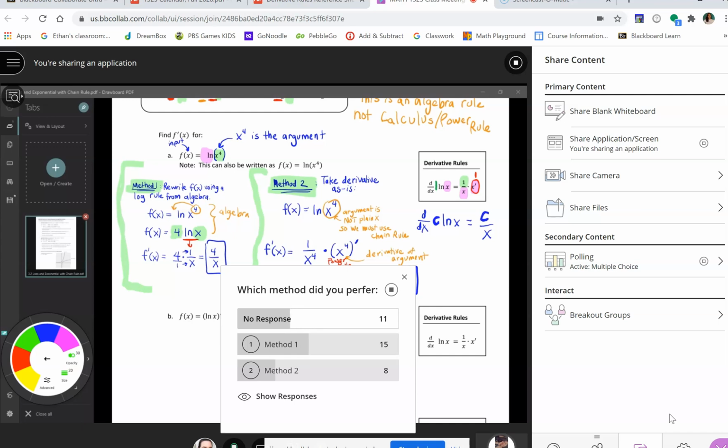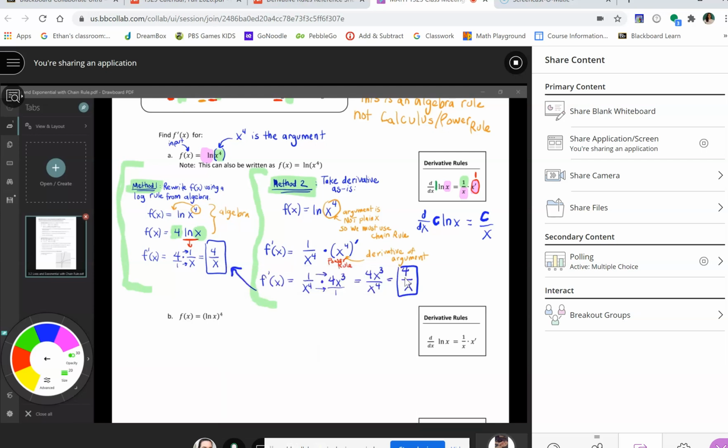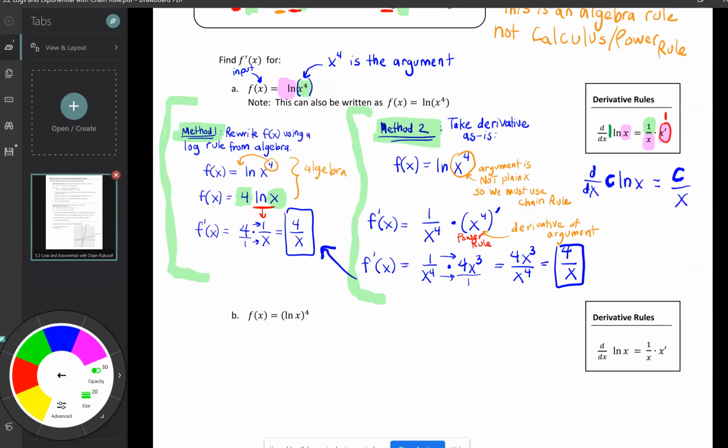Okay, method 1 is winning out. Okay, I think method 1 won. So you like the algebra. So I will keep doing that algebra rule, but could you do the chain rule? Yes. I won't have time to do both every time, but if we're leaning towards method 1 with the algebra rule, I'll keep reinforcing that algebra rule.